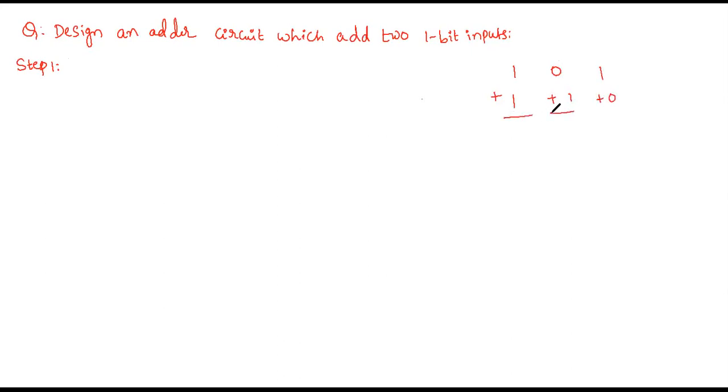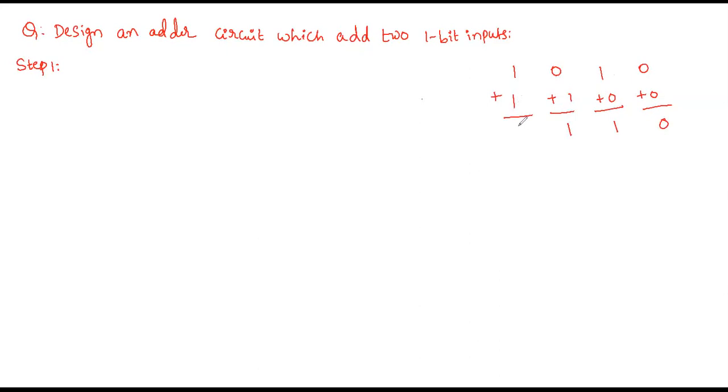When you are adding two 1-bit inputs, what is the output length? 0 plus 0 is 0 only, 1 plus 0 is 1 only, 0 plus 1 is 1 only, 1 plus 1 is 2.